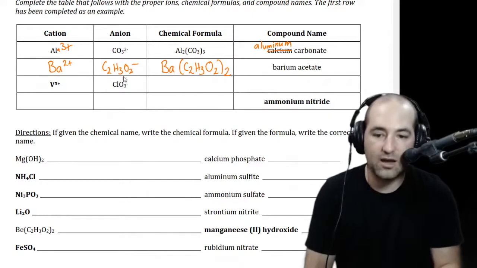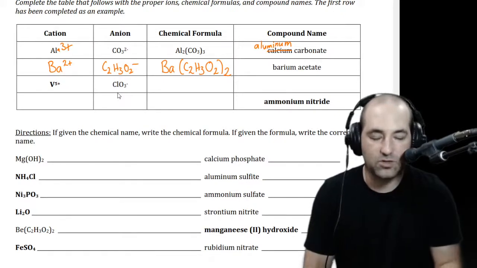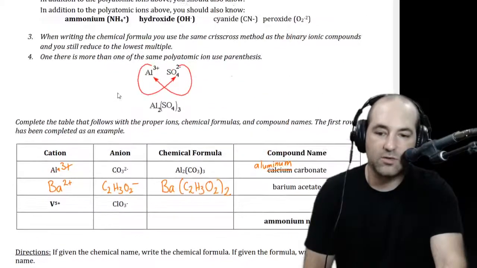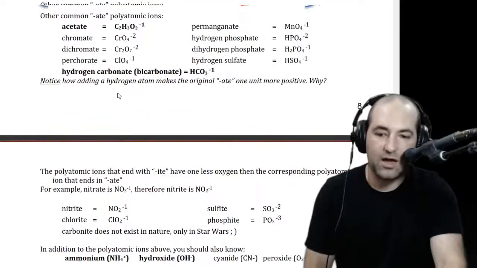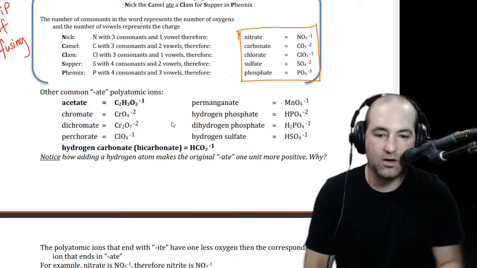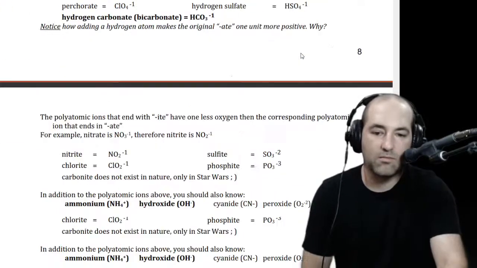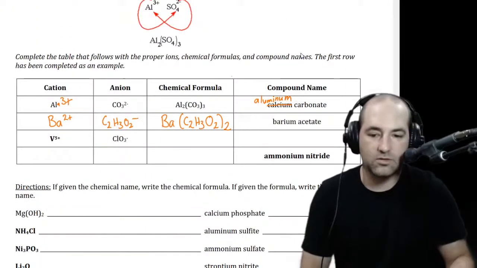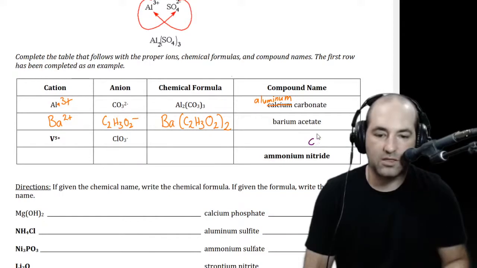So again, we'd see that negatively charged collection of atoms. It's not just one atom, it's a collection of atoms. And so we need to find a name for that. And to do that, we need to find the formula and the charge, and we see it's up here. ClO3 is called chlorate. So when we go to name that, that's where we get that name.